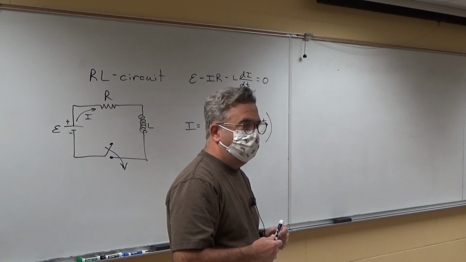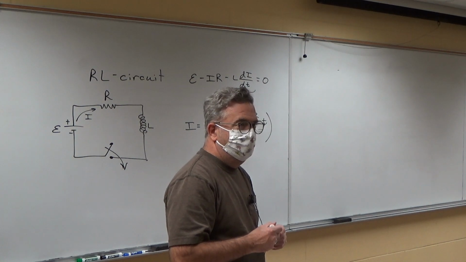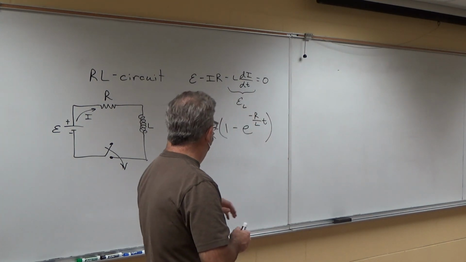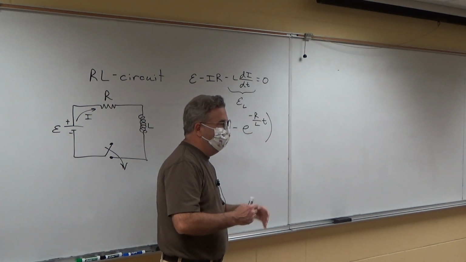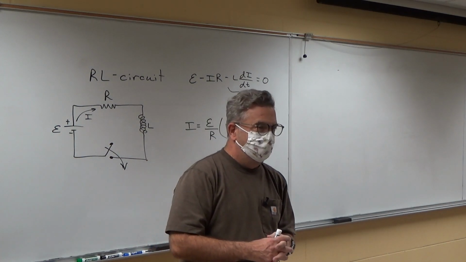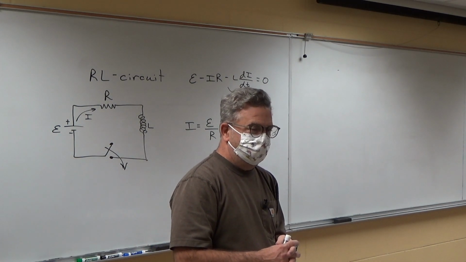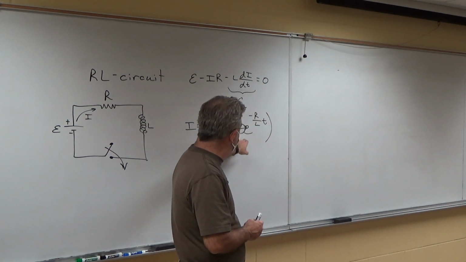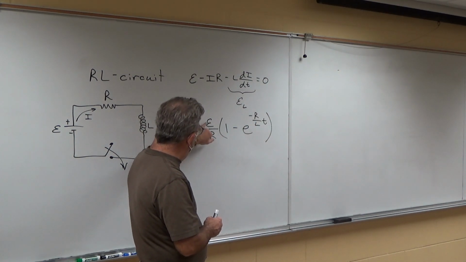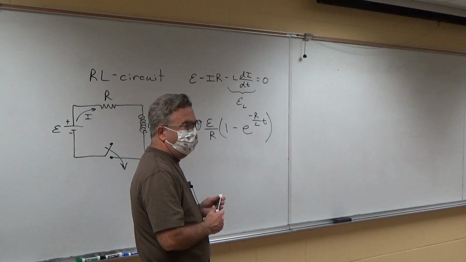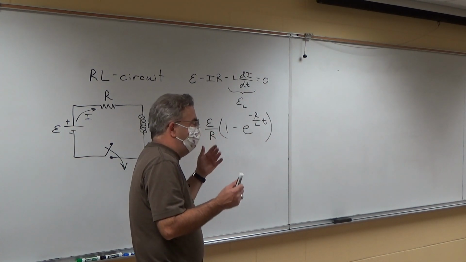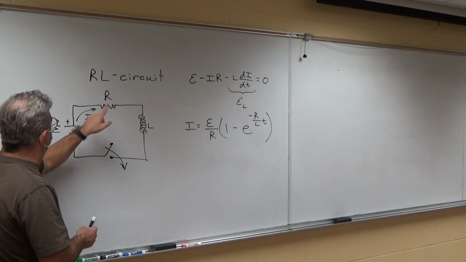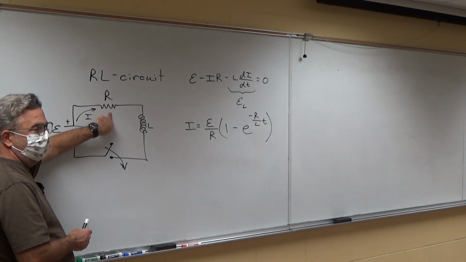What happens to an exponential that has a negative exponent? It goes to 0. So for large t, the current just goes to E over R. It just goes to the voltage divided by the resistance.